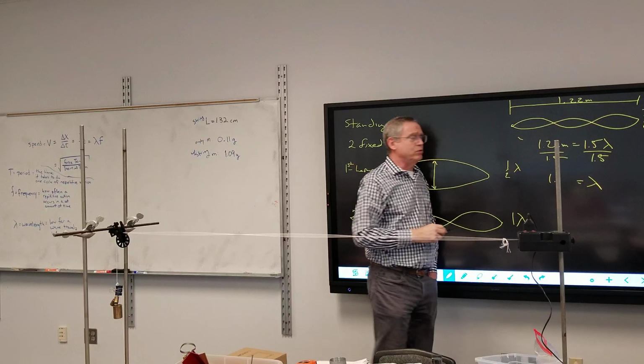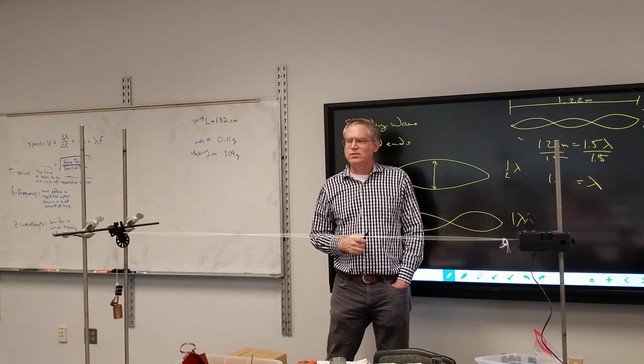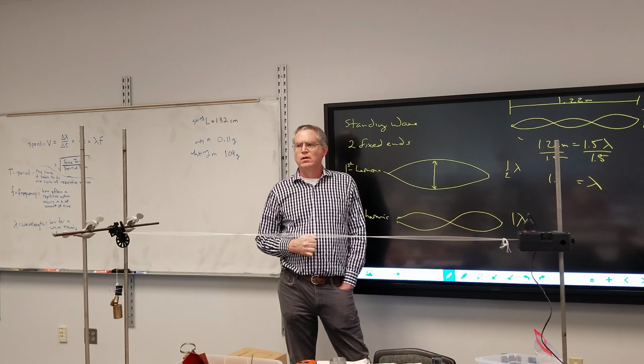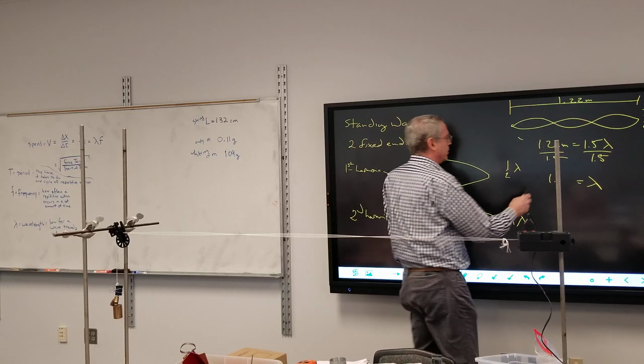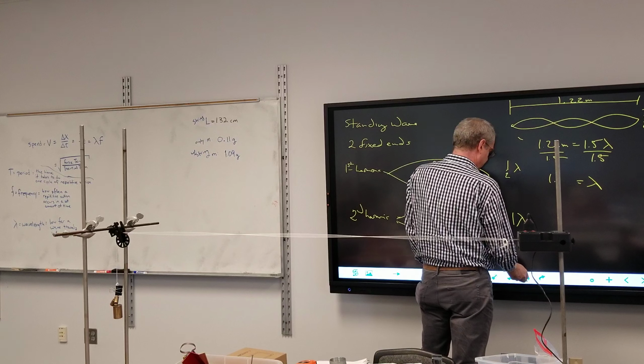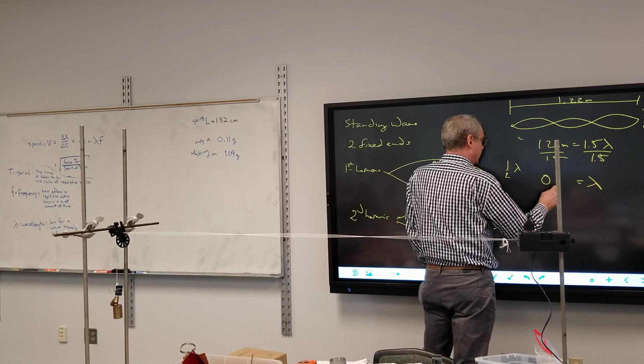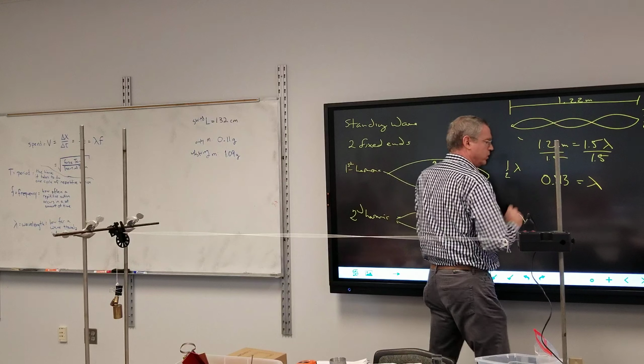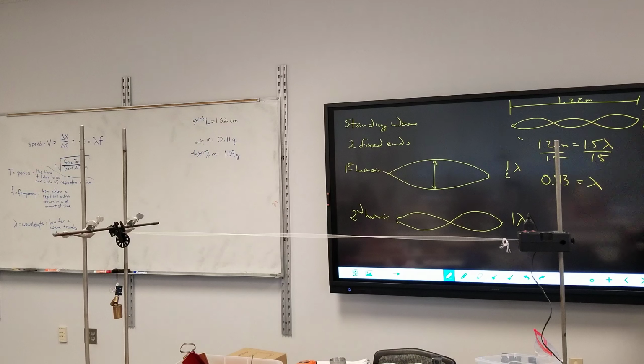If you divide 1.22 by 1.5, it's not going to be 1.83. 0.81. 0.813. Units? Meters. Yes.